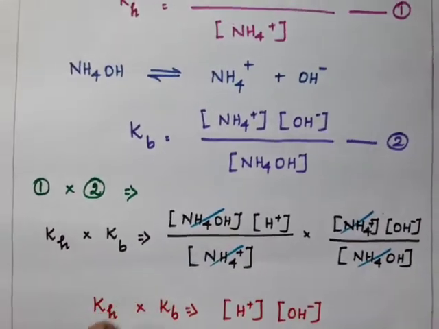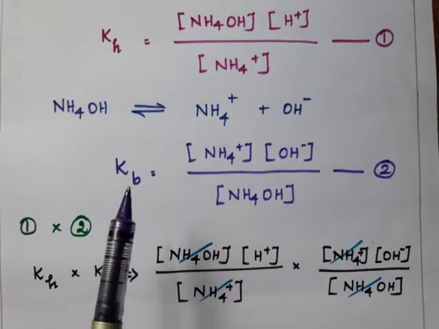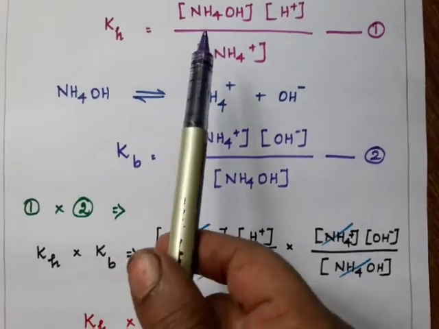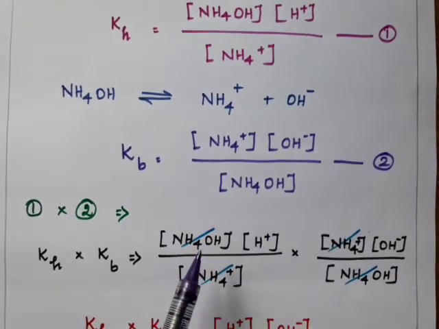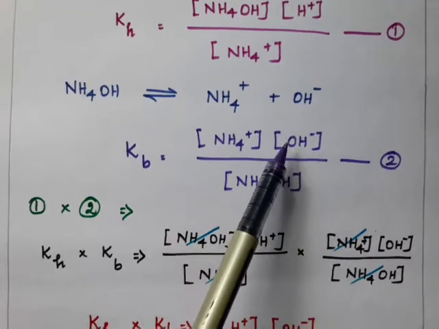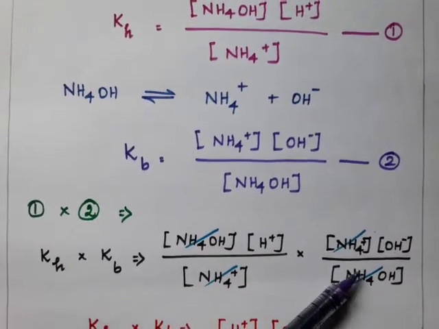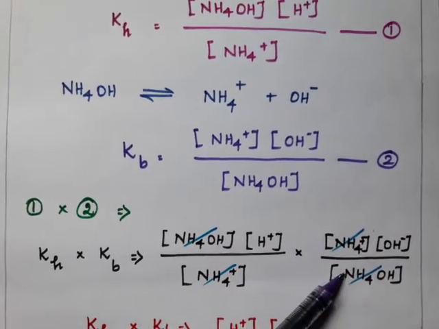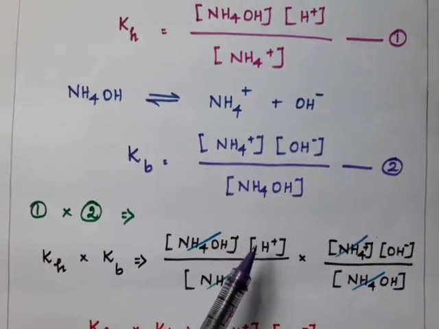So when we multiply 1 and 2, what is 1? Kh. What is 2? Kb. So Kh times Kb is equal to the concentration of NH4OH times H plus divided by NH4 plus, times the concentration of NH4 plus times OH minus divided by NH4OH. So NH4 plus will be cancelled and NH4OH will be cancelled, and what is remaining?